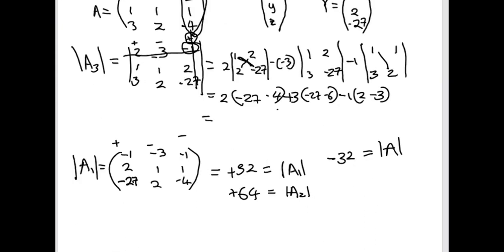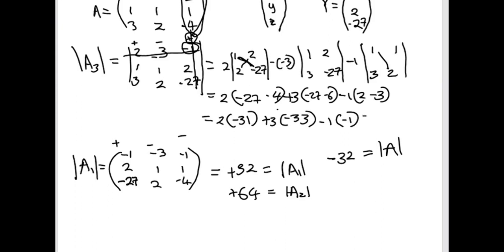So this is 2, negative 27, negative 4, that's negative 31, plus 3, negative 33, minus 1, minus 1.